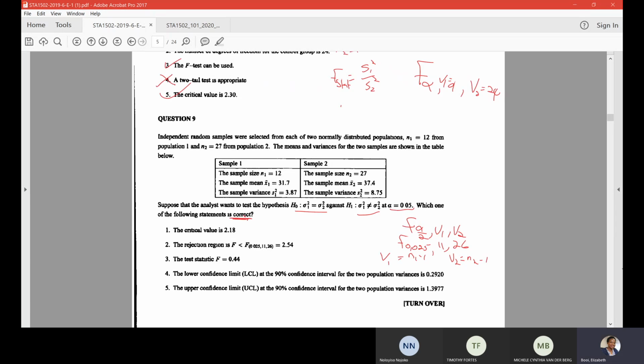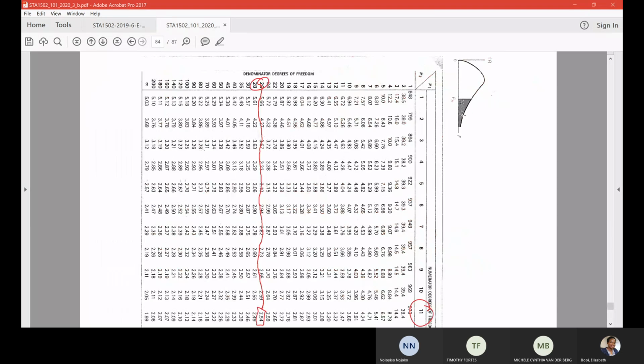We're looking for the correct answer. 2.54, that will not be the correct one. The region of rejection, here it gives you the right values, and it says the region of rejection will be in the 2.54. Looking at the question, we know that this is always going to be a one-sided test.